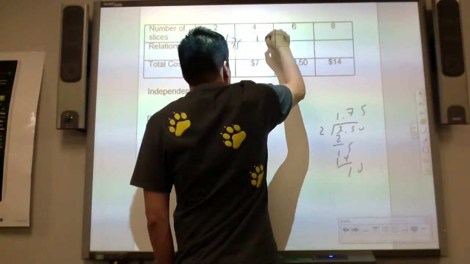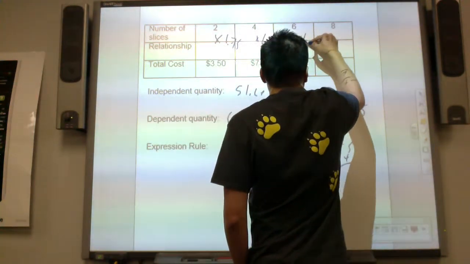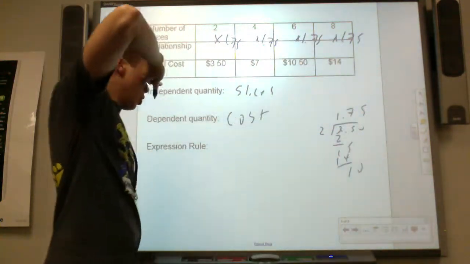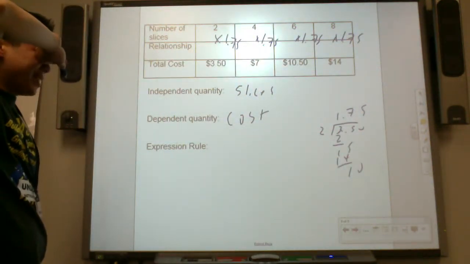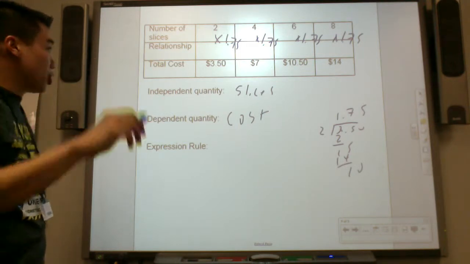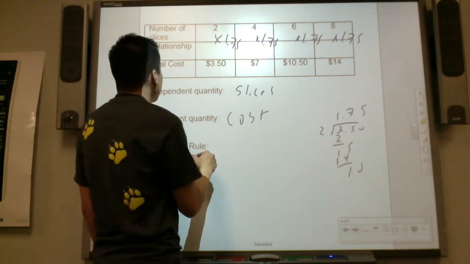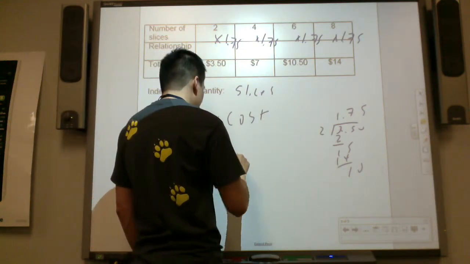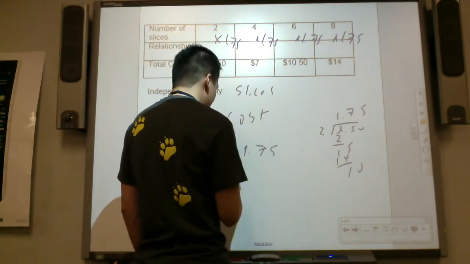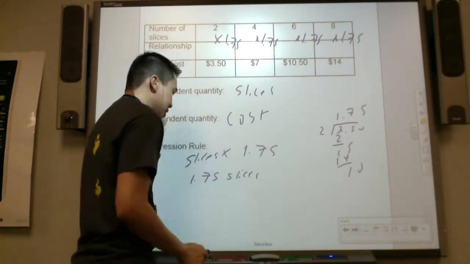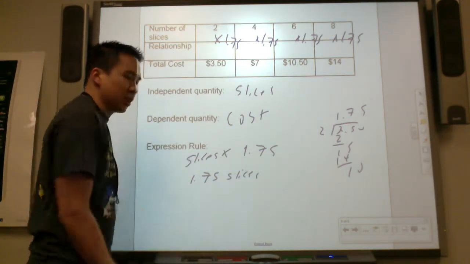So from what I can tell, it costs $1.75 for each slice. So 2 slices will cost you $3.50. 4 slices at $1.75 will cost you $7, and so on. So what is the rule here? You're multiplying the slices by $1.75. Or in other words, it's $1.75 per slice.